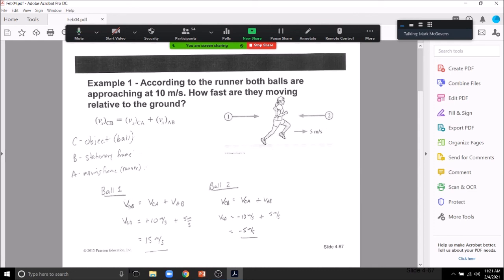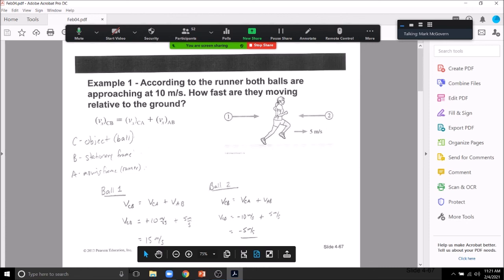So V_CB, we want to know what the speed of ball 1 is relative to a stationary frame observer, relative to the ground. V_CA, let's say, is 10 meters per second positive. The runner is moving at 5 meters per second.